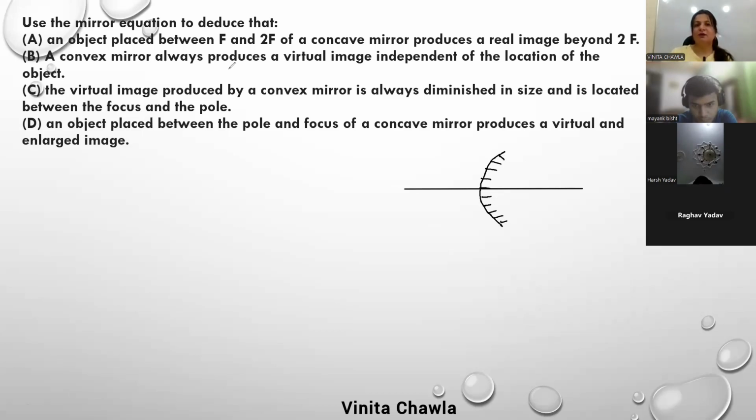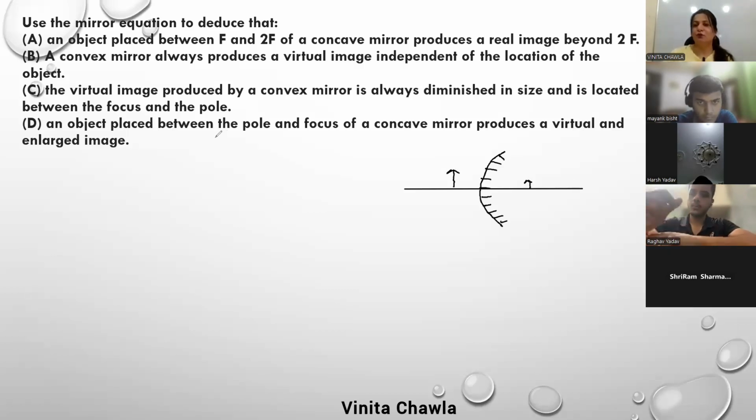We have to prove that it always produces a virtual image. If you place an object in front of the convex mirror, then we always get a virtual image behind the mirror. And this virtual image is independent of the location of the object. It does not depend upon the location of the object, and this we have to prove.